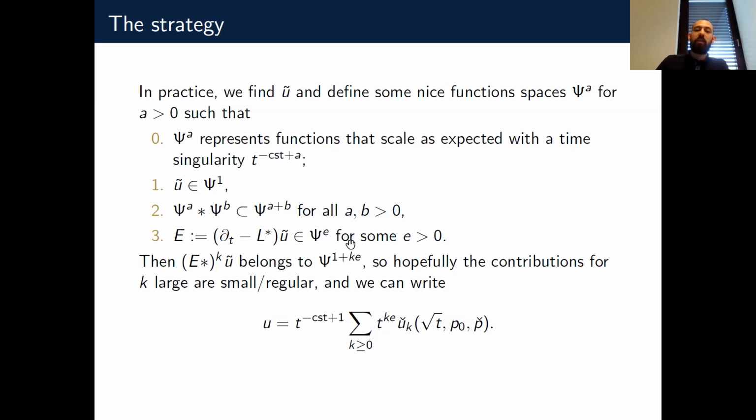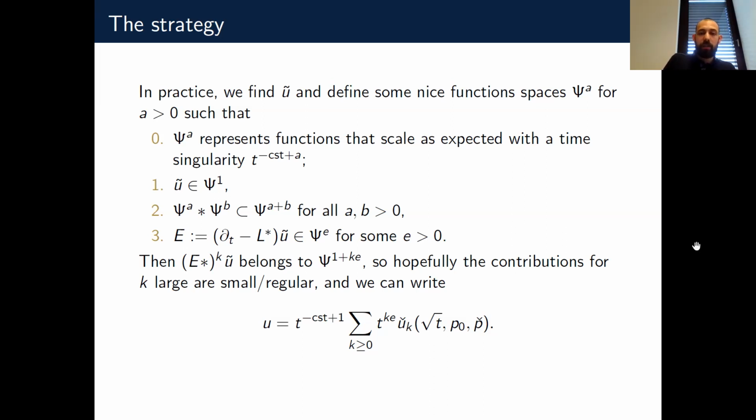And the more convolutions I take, the higher this is going to be, and this is some kind of regularity exponent. So the more regular the thing will be, right? And so these terms right here are going to be more and more regular, and so hopefully this series will converge. And so I will know that this function right here behaves very well in these scalings, the P check.